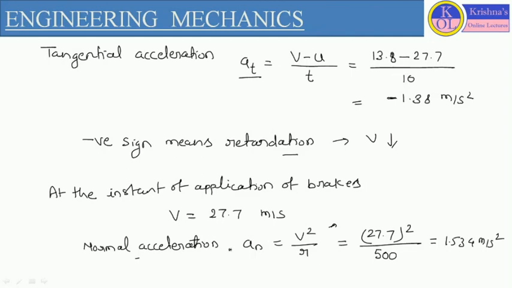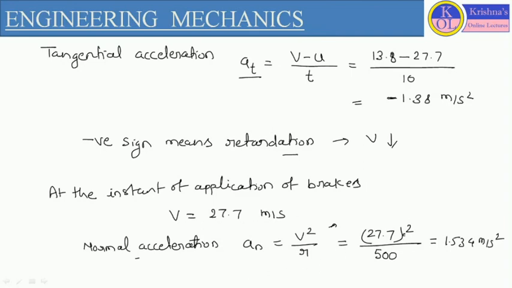But this velocity we are considering at the instant of application of brake. So when brake is going to apply at that particular time, velocity of the vehicle is 27.7 meter per second. So here, to define the normal acceleration, we will take the value of velocity as 27.7 meter per second.